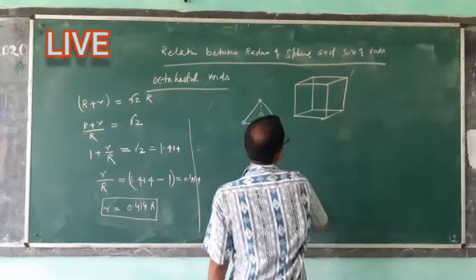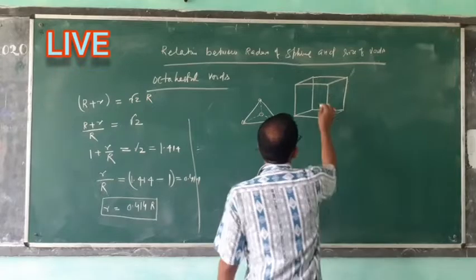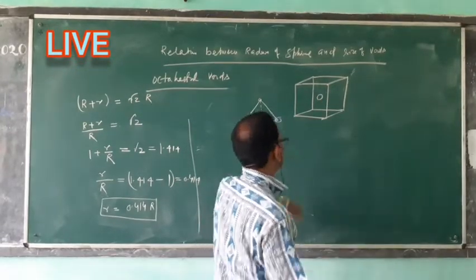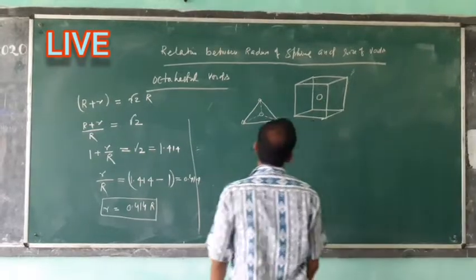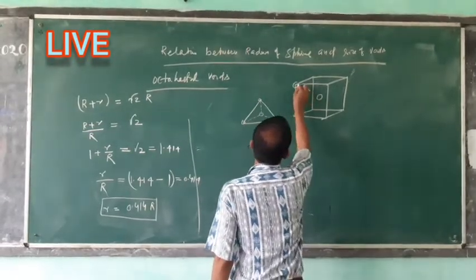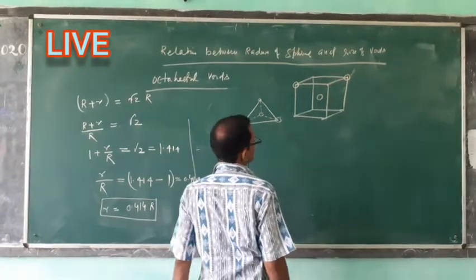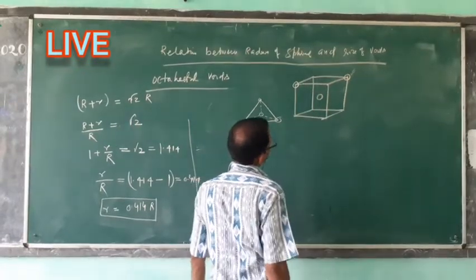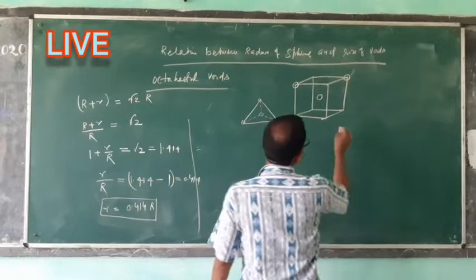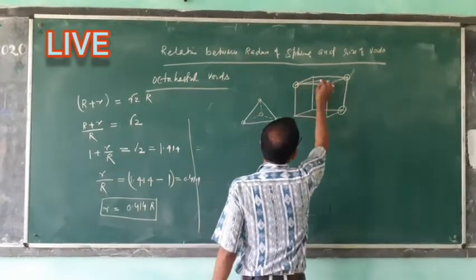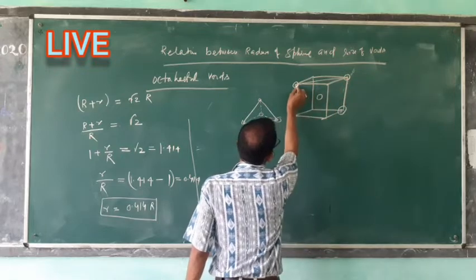And these are the cubes where one sphere is occupied, these are the voids, that is the tetrahedral void. You can take this, and this is the sphere occupied at the corner. Then at this corner it is like this. You join this one directly to this.